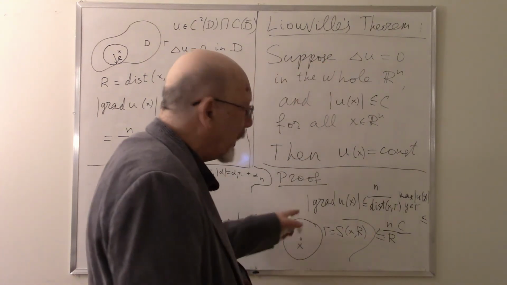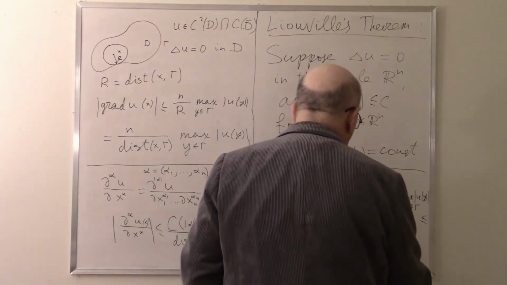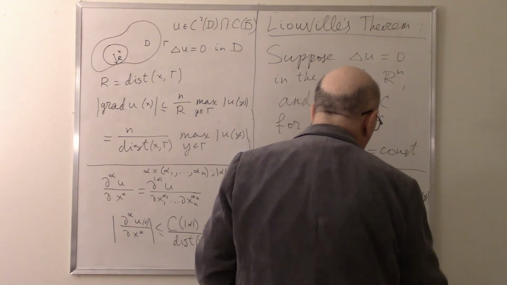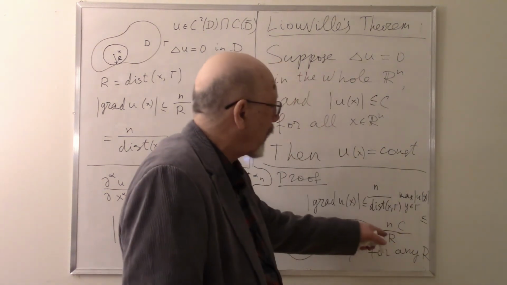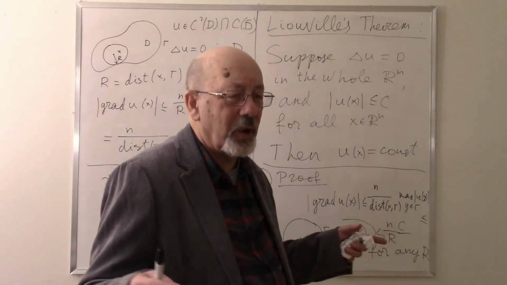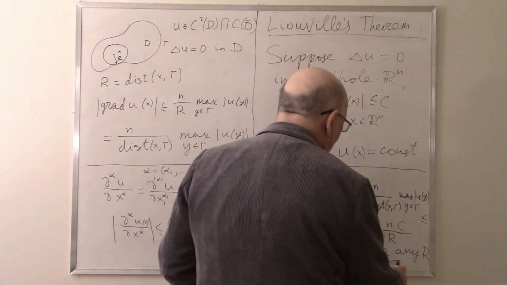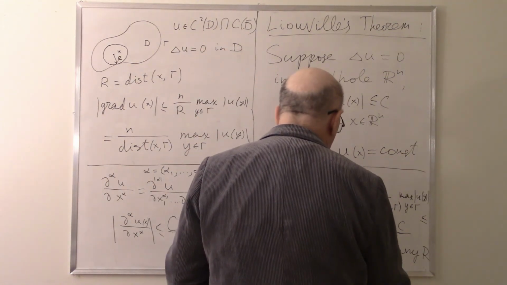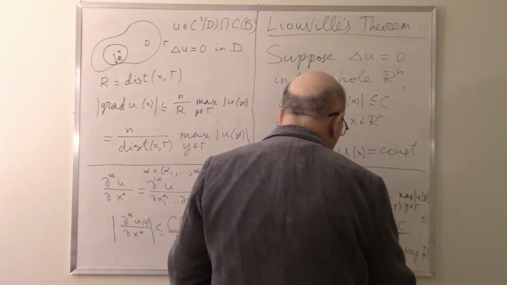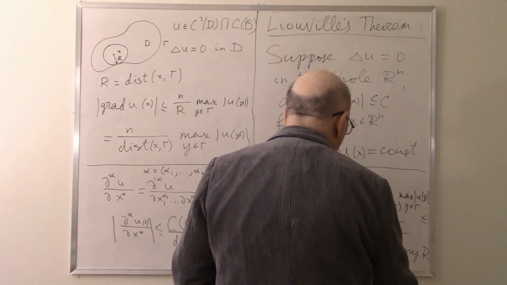R is arbitrarily large, so if it is true for any r, and n and C are constants, r is in the denominator, this means that the modulus of the gradient of u(x) equals 0.